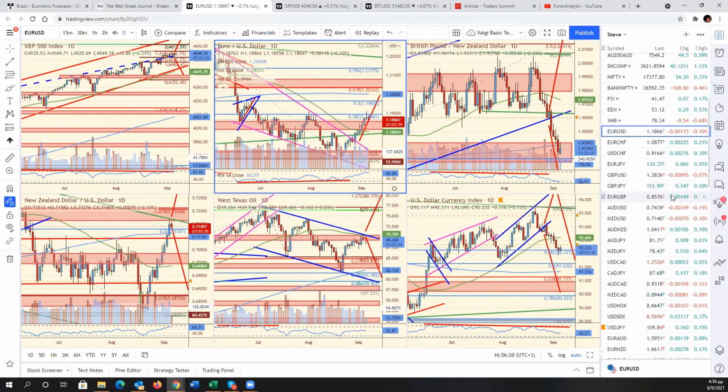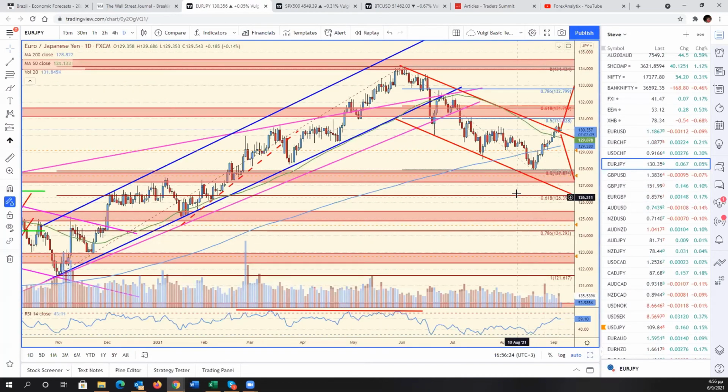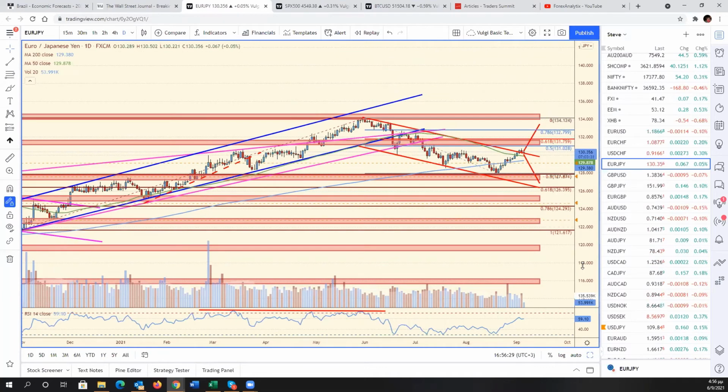Can you look at Euro Yen? Yes, absolutely. There you go. Here is your cable. Now, I'm kidding. But kidding aside, you see how similar it is in this case. We have most likely a corrective channel lower, and we have broken out of this channel just as much as the cable has broken above its channel, right? So, is it enough to register this as a legitimate breakout?